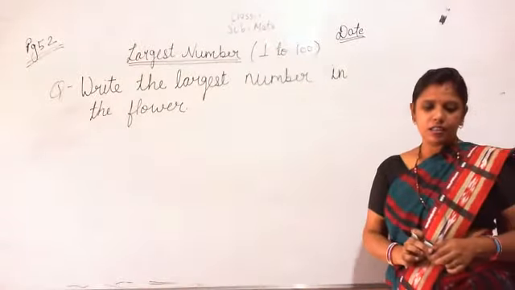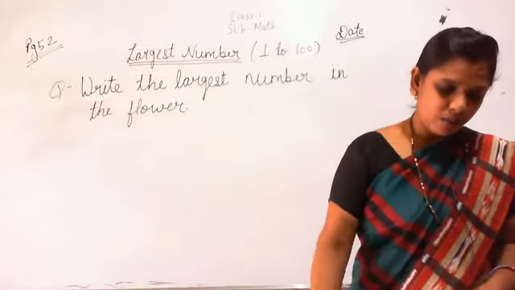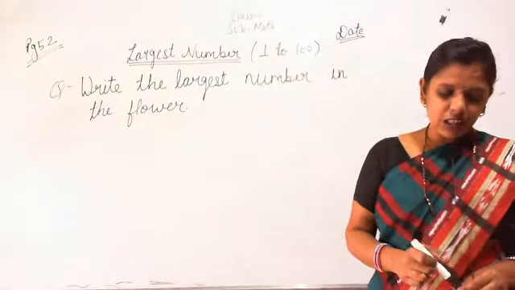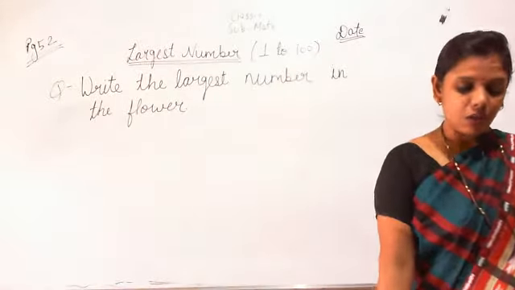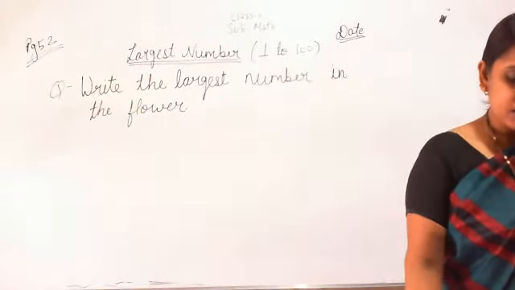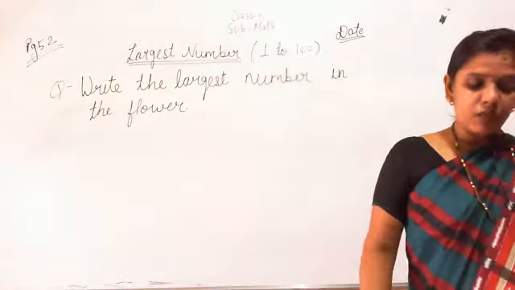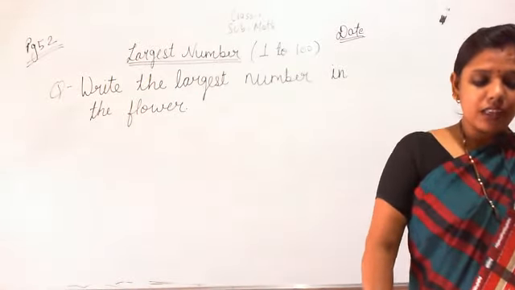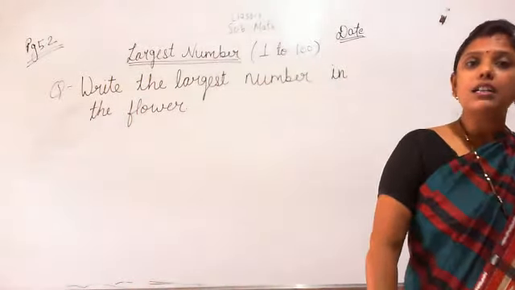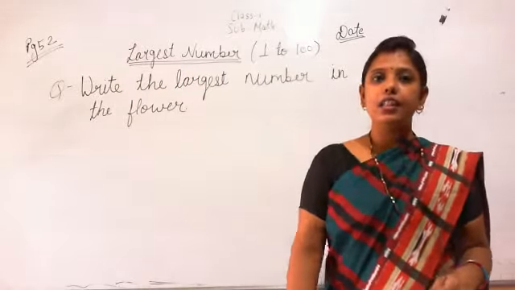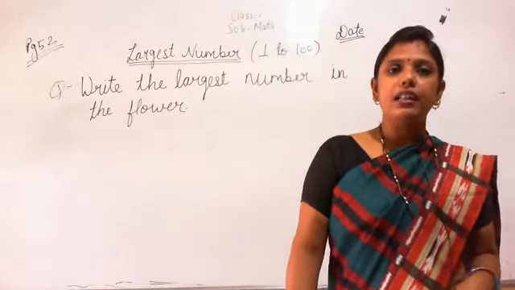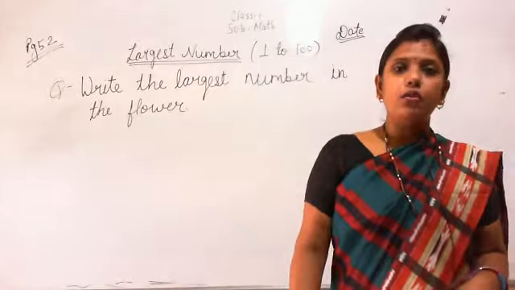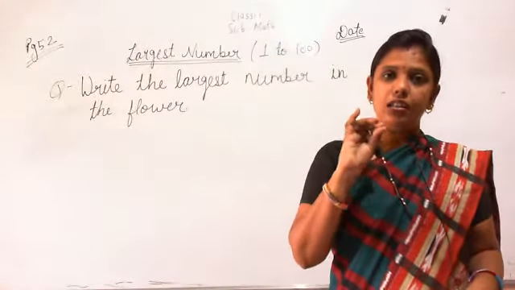Some flowers are drawn and some leaves are drawn. 3 leaves are drawn and 1 flower is given. The numbers are written inside the leaves, and you have to identify the largest number, and you have to write that largest number inside the flower.